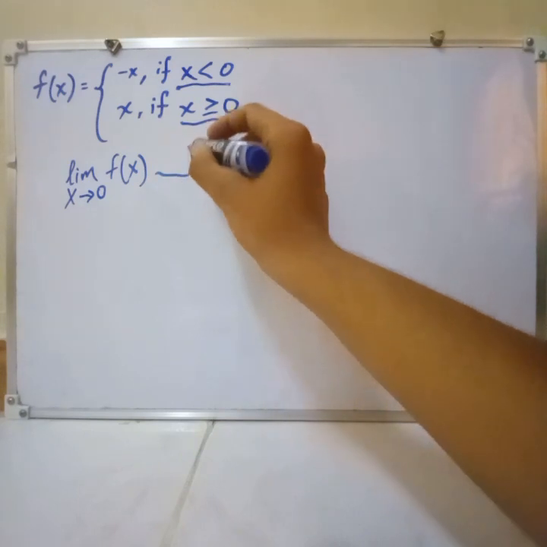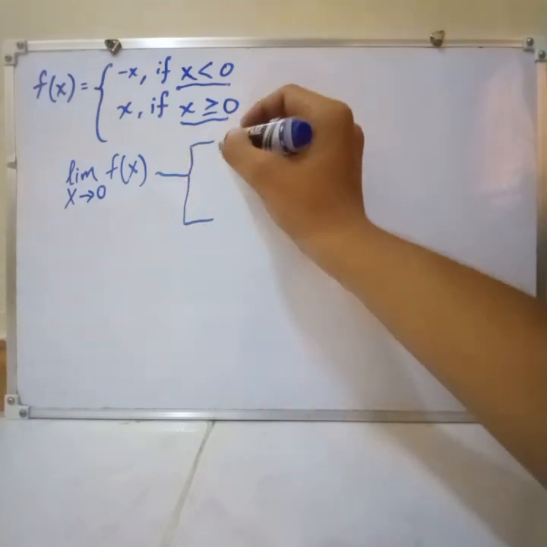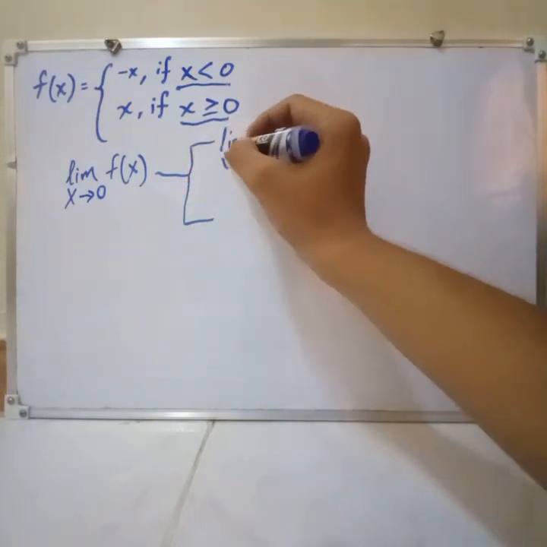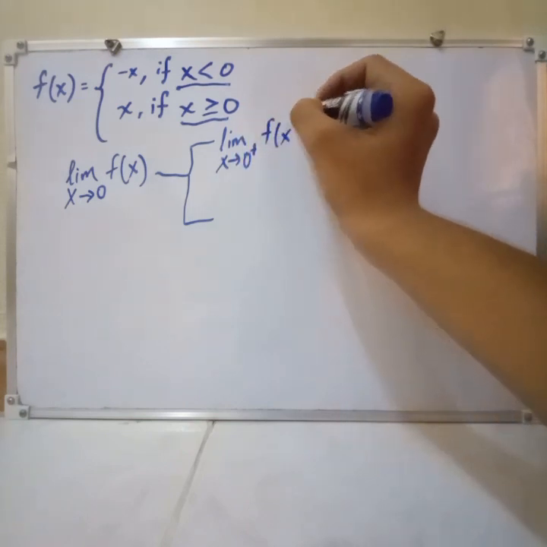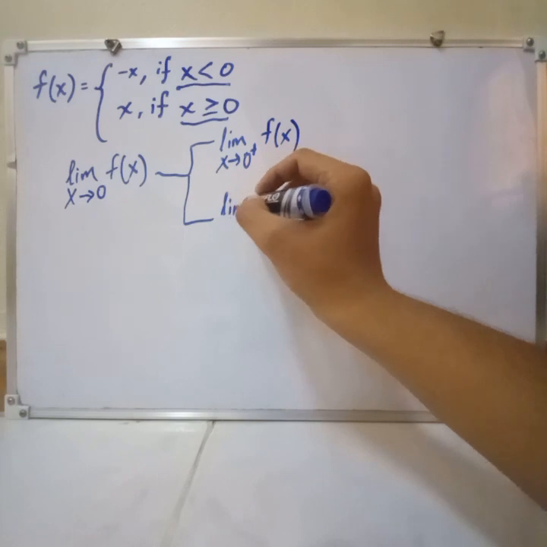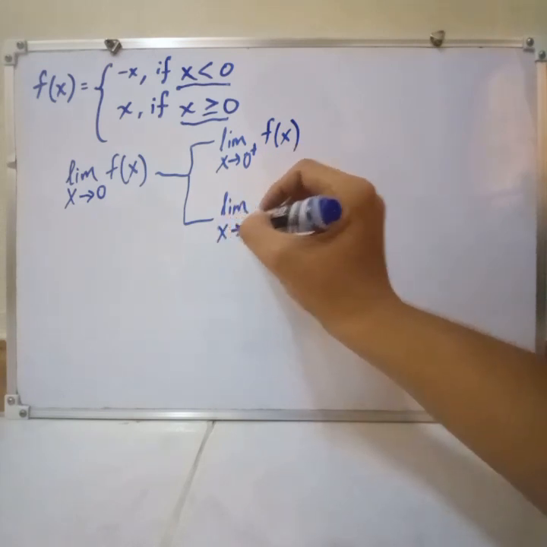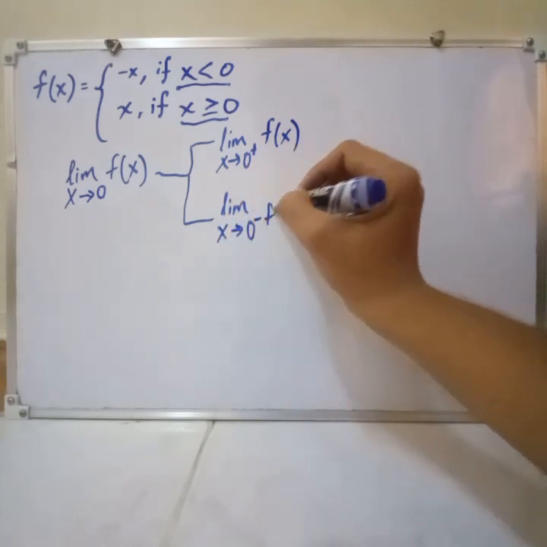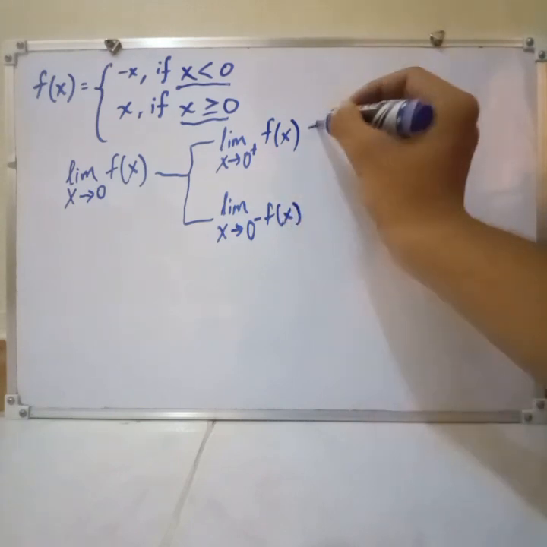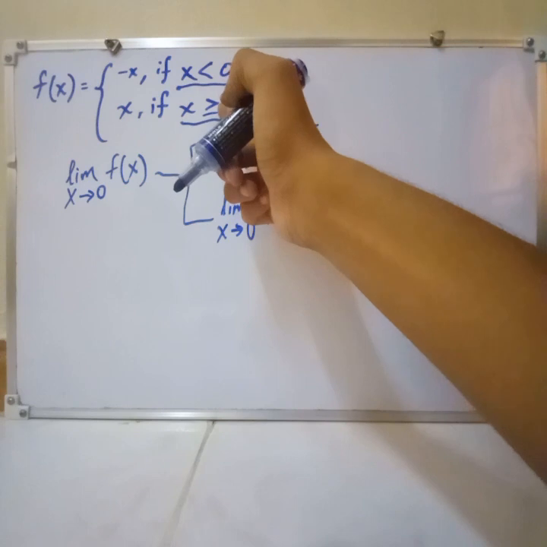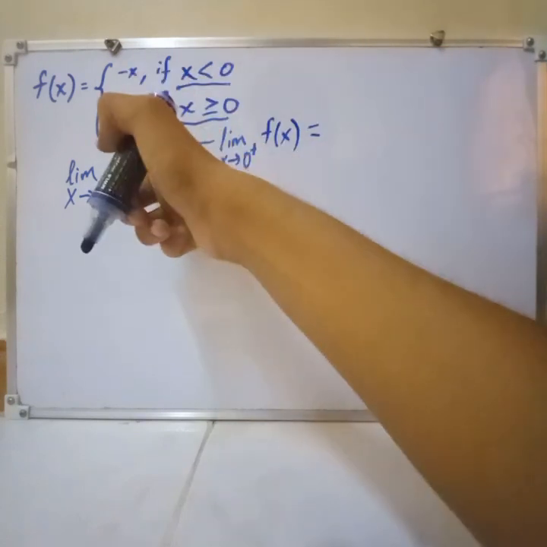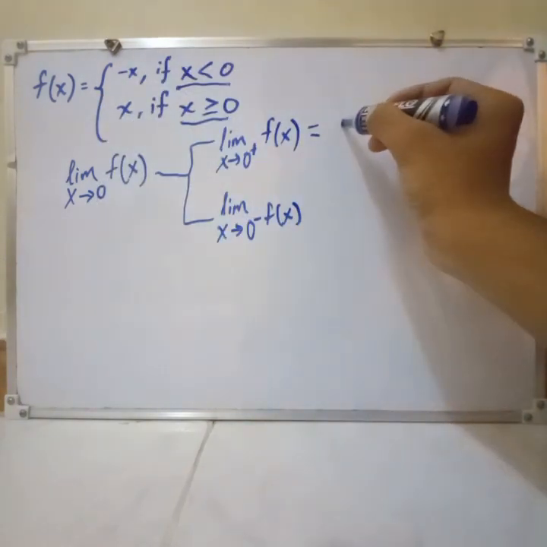In that case we'll be having two different cases, limit x tends to 0 plus f of x and limit x tends to 0 minus f of x. So first let's take 0 plus, means it should be greater than 0, so it will be x, right? The answer will be x.